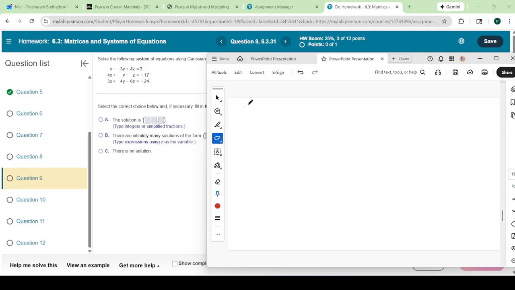The augmented matrix is supposed to be: 1, negative 3, positive 4, and other side is positive 3; 4, positive 1, negative 1, negative 17; 3, 4, negative 6, negative 24. That's the augmented matrix. Our goal is to convert that into this form: 1 0 0, 0 1 0, 0 0 1, and on the other side whatever you get, that would be your answer for the 3 different variables.